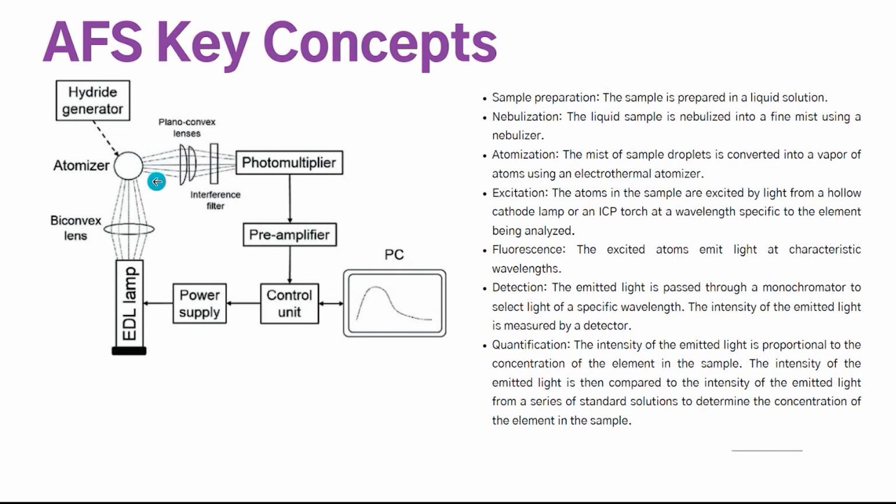Now, what does this exactly refer to? Well, I'll explain the statement. It means that the atoms in a sample are excited by light at a wavelength that is specific to the element being analyzed. But when the atom emits, the light produced is at a longer wavelength compared to the absorbed light.